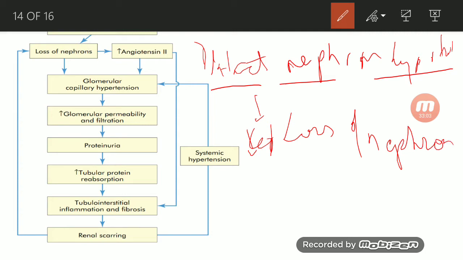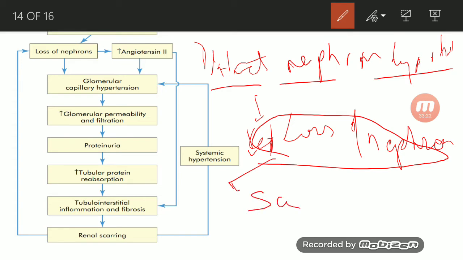Any damage to your kidney causes loss of nephrons, and as the kidney damage progresses, there is more loss of nephrons as well. Whenever there is loss of nephrons, you have surviving nephrons as well. One part is dying off, whereas some nephrons are still alive.